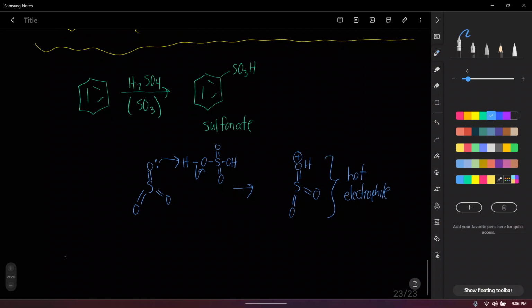And then in step 2, I'll make the different steps different colors. So in step 2, right, I know that benzene attacks my hot electrophile. So, that's positive. Okay. And that gets me to here.